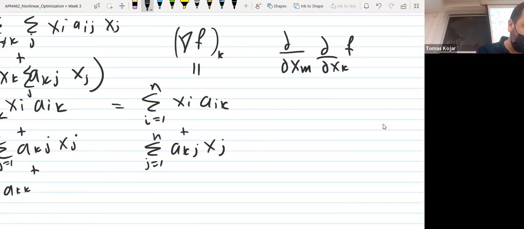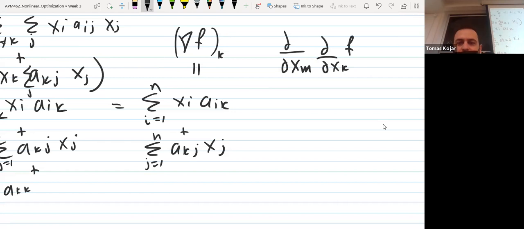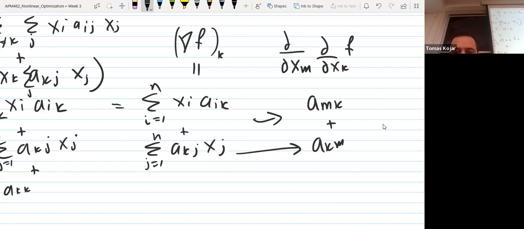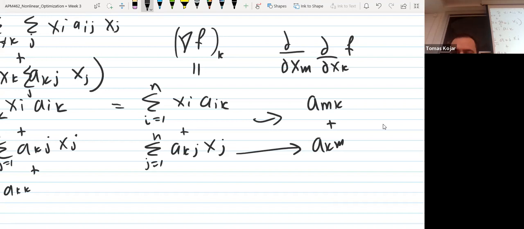Right? Yes. Right. So if I take m of this, it becomes A_mk, and if I take of this, it becomes A_km, right? Yes, I think we get 2A.